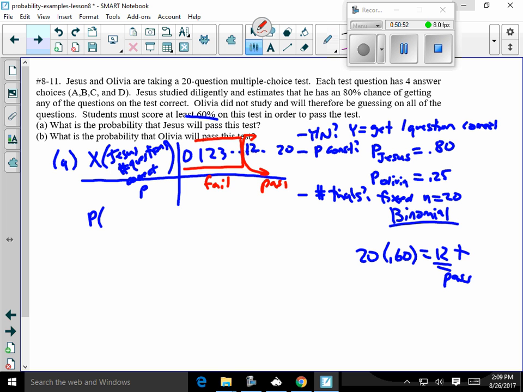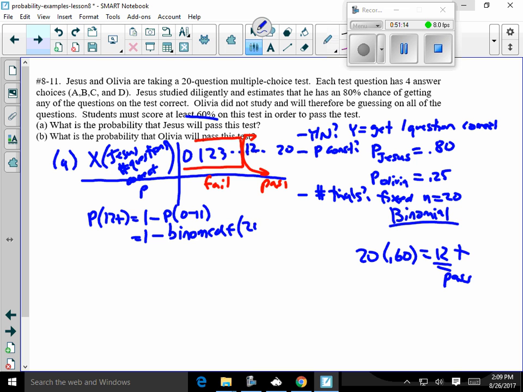Okay, so for finding the probability that Jesus passes, it's going to be the probability of getting 12 or more correct, which is a right-hand probability, so that's going to be 1 minus the left-hand probability of getting 0 to 11 correct. For Jesus, we'll use binomial CDF again.